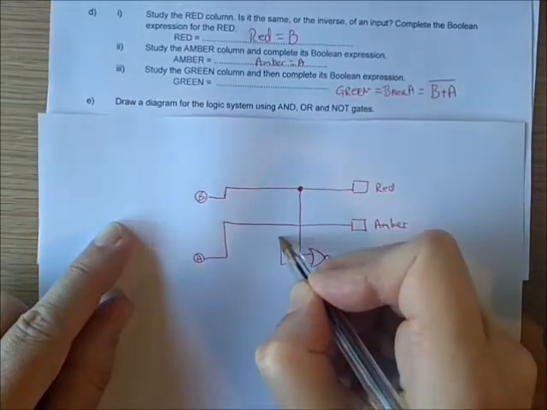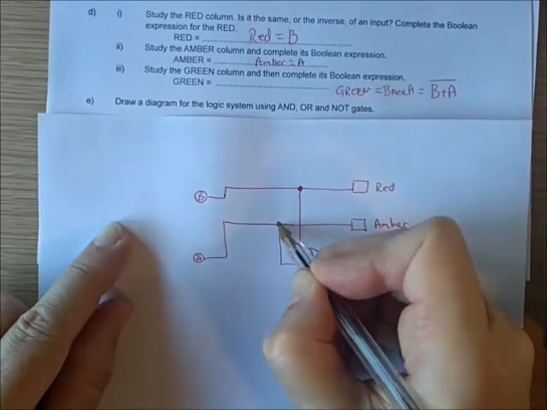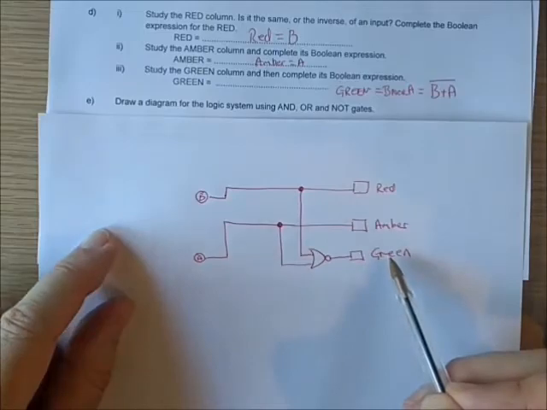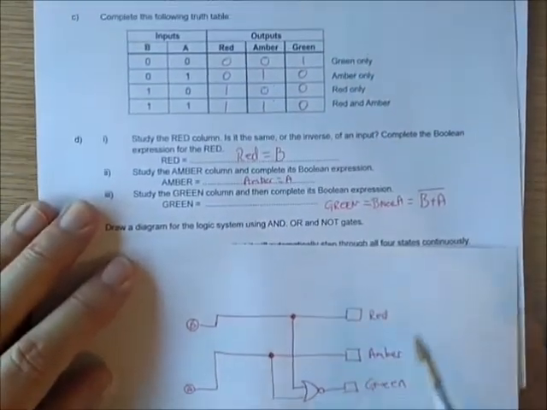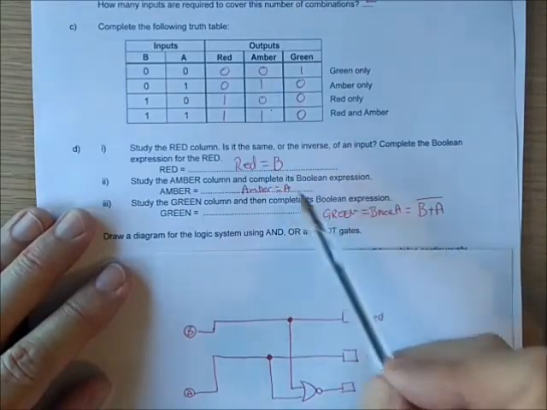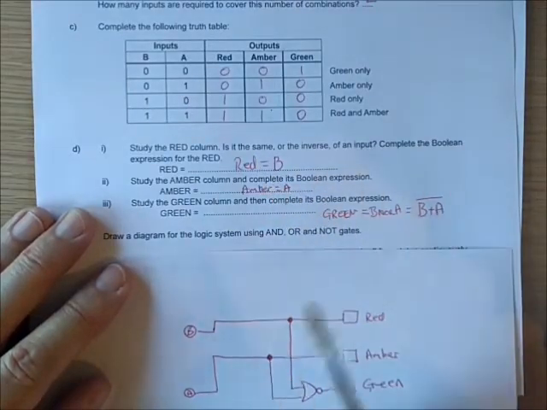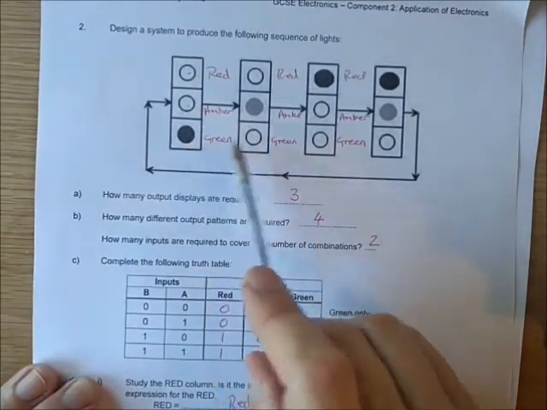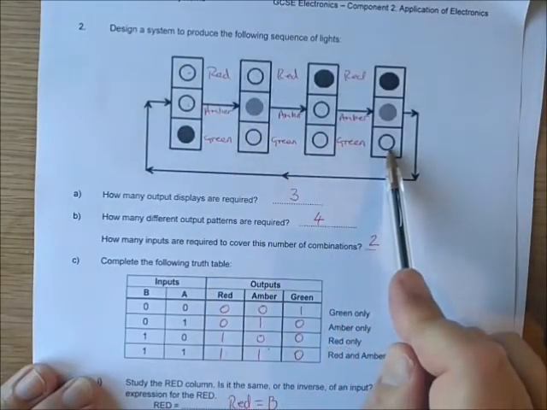So I'm going to connect it up there to A. Now that circuit diagram does everything that this table does. It completes all these Boolean expressions here, and it makes your circuit do this.